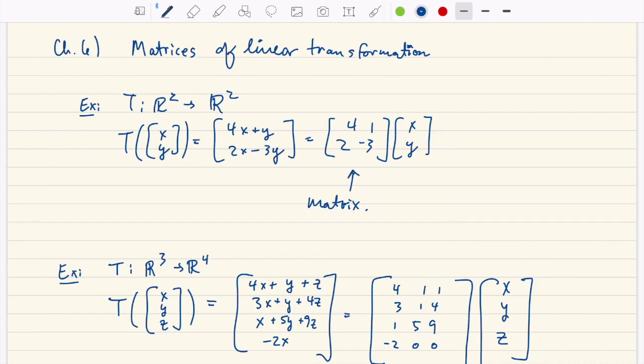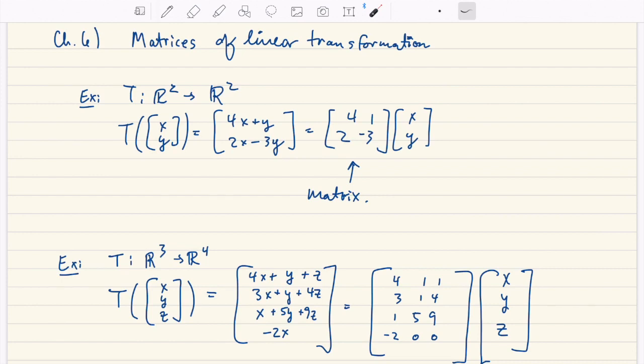This is a 4 by 3 matrix, which makes sense because we are mapping R3 to R4. So if I multiply by a 3-vector, I get out a 4-vector. If our input is a vector in R3, our output is a vector in R4. So that's matrices of linear transformations.